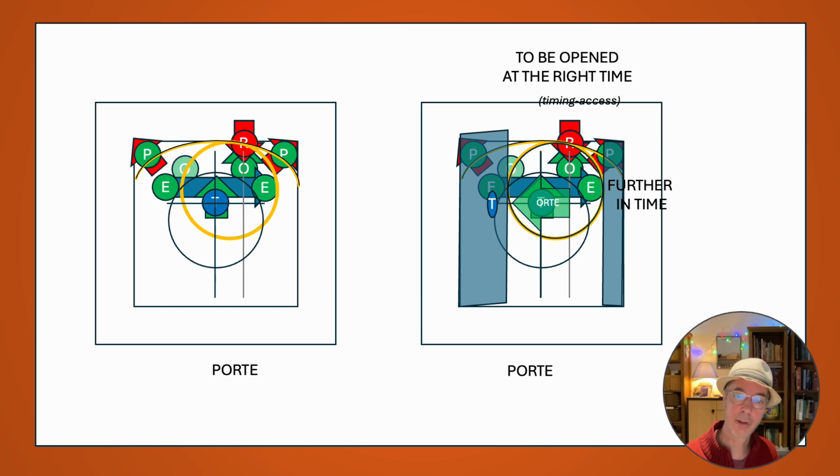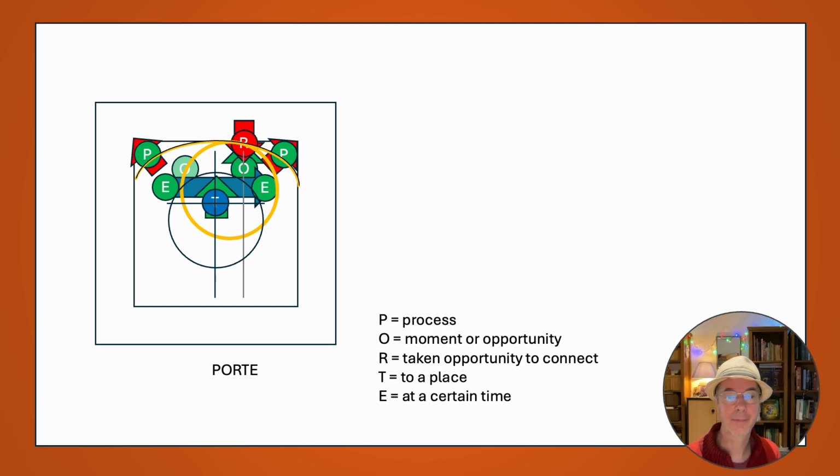That's what a door is. It's an object with a placement in time, which you don't access in the middle, but somewhat away from the middle. Here I still showed it in the middle, but it's actually a bit further away. And then you open it further in time. That's more or less how you can understand what's happening in door with the letters, why these letters are there in the first place.